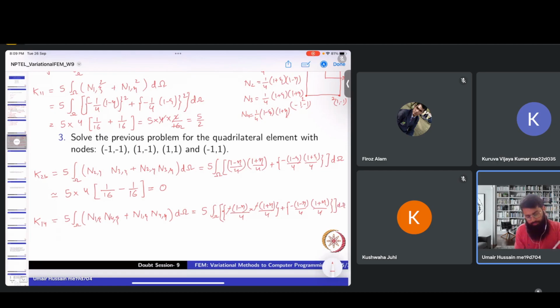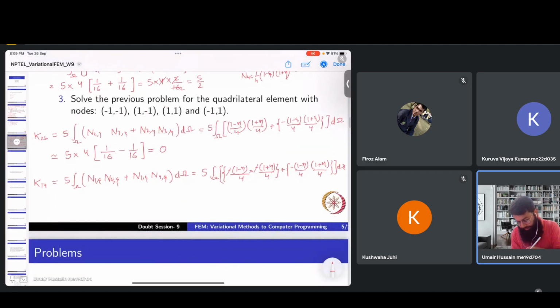Okay, so again we apply the Gauss quadrature, 5 into 4. So 1 minus eta into 1 plus eta by 4. So eta equals 0 will be 1 by 16. And then we have minus 1 into 1 minus eta, that becomes minus 1 by 4.